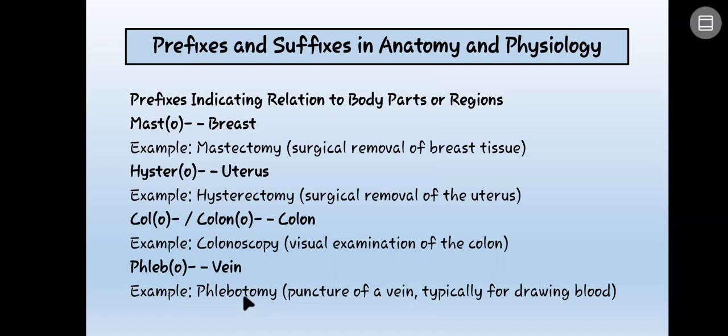A phlebotomist is someone specialized in puncturing the vein, typically to take blood samples. So these are some of the prefixes and suffixes that relate to body parts or body regions: masto means breast, hystero means uterus, colo means colon, phlebo means vein.